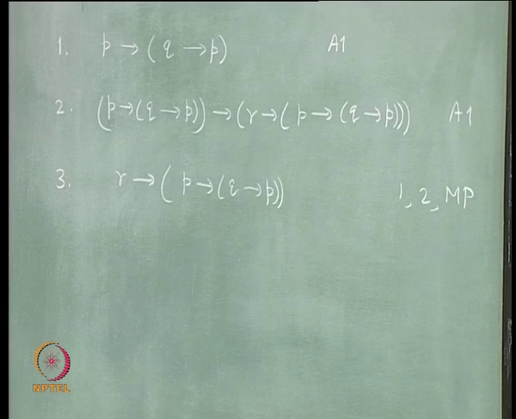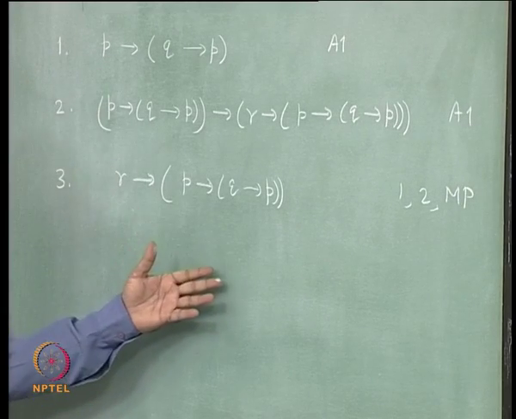So now can you tell me what is the proof in this axiomatic system? We are not reducing anything, we are rather starting from the axioms. Well, this is an example of a proof.